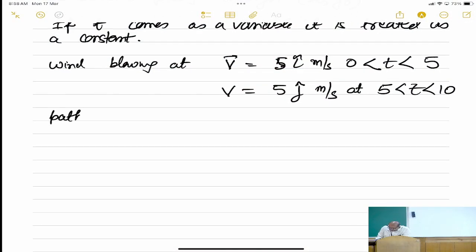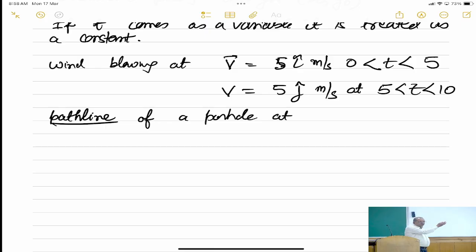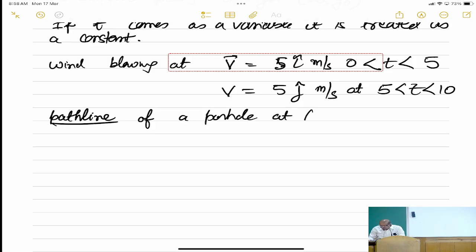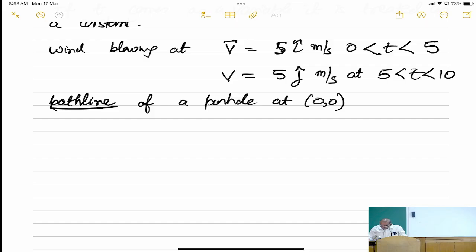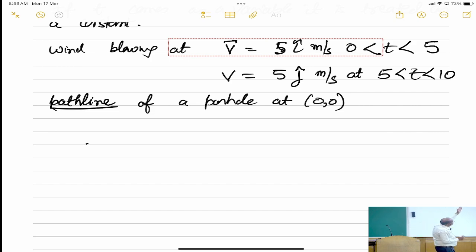So here, if I try to find the path line of a particle, the space doesn't matter because the velocity is constant. It is not changing with space, it's changing with time. So for a particle at, let's say, 0, 0, how will the particle move from 0 to 5?